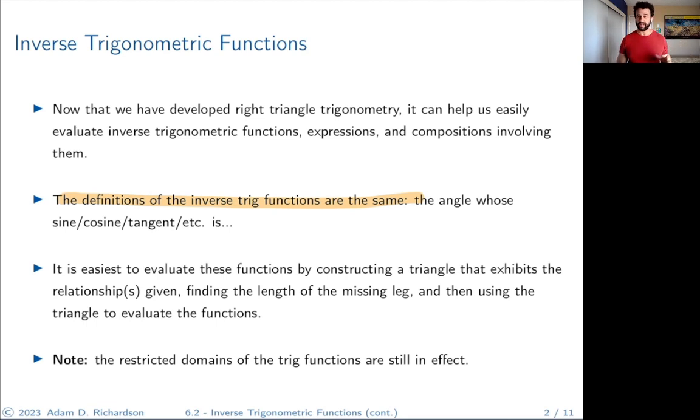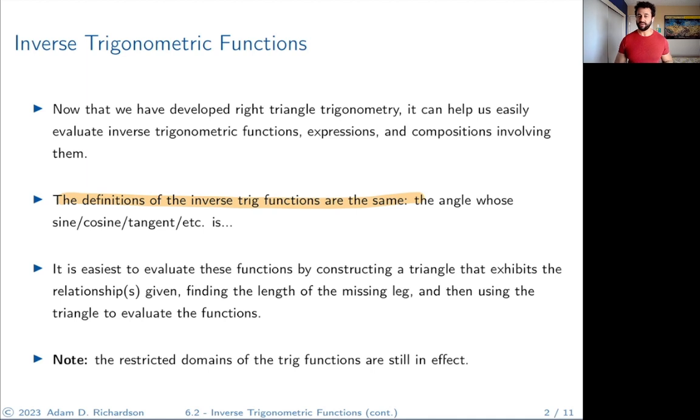Oh, this is the angle that has a sine value of blank, or this is the angle that has a cosine value of blank. You're still going to use that idea. So what are we going to do differently here? We're going to construct a right triangle that exhibits the relationship that's given to you. Then we're going to find the length of the missing leg or hypotenuse, and then we're going to use that new triangle to evaluate the trig functions.